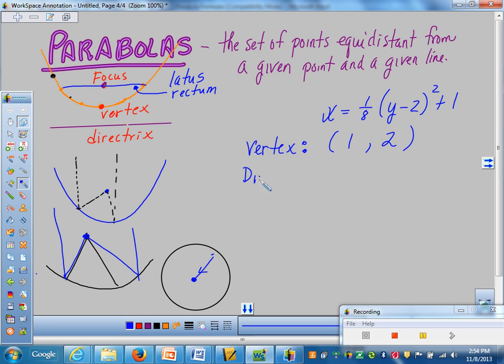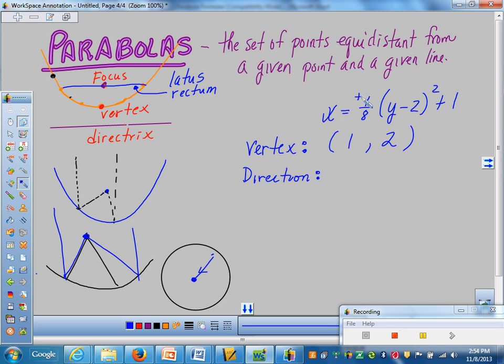Okay. We know it's sideways. Is this one going to go right or left? It's the number in front. It's a positive 1/8, so it's a positive number. If you're going sideways, the positive side of a coordinate system is to the right. The negative side is to the left.